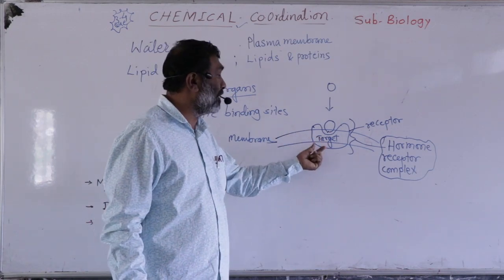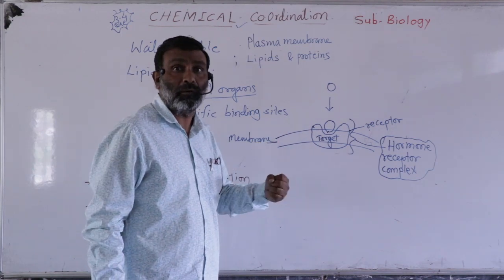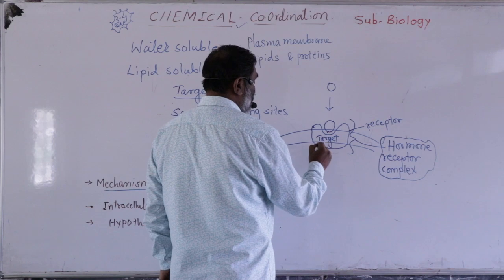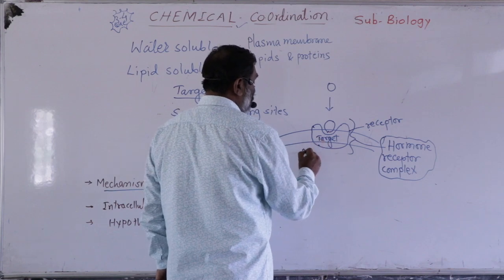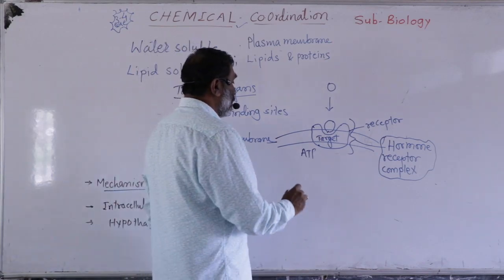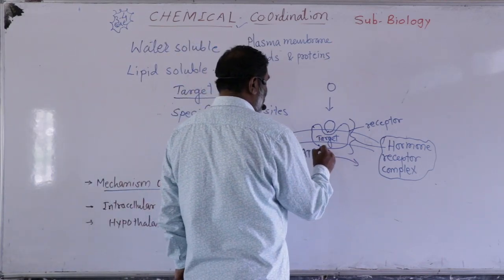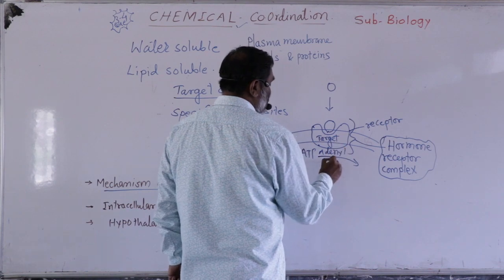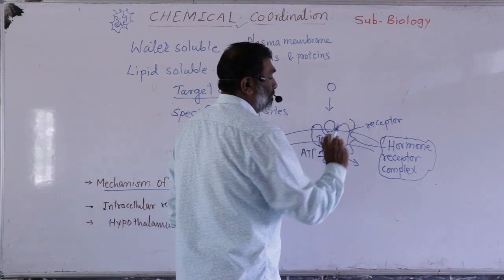Due to these biochemical changes, there is a certain expenditure of ATP molecules. Here one enzyme is working, called adenylate cyclase.